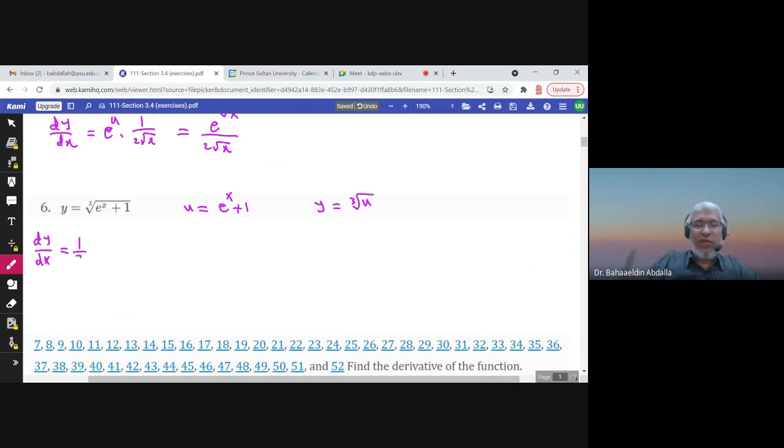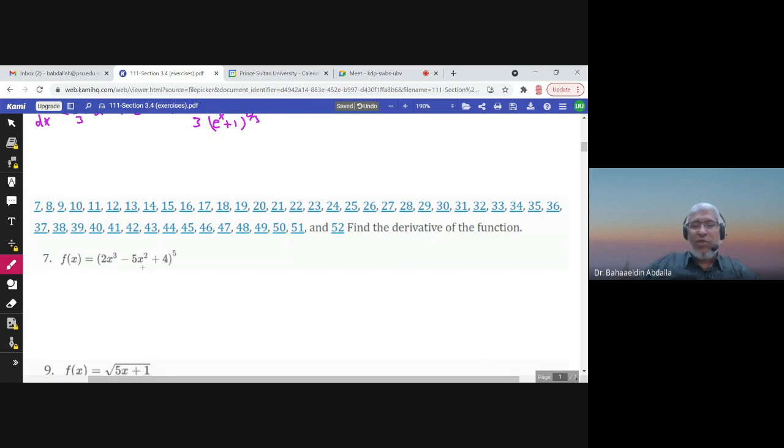So the derivative is 1 over 3, u to the power 1 over 3 minus 1, or negative 2 over 3, times du by dx, the derivative of e to the x plus 1, which is e to the power x. So the answer would be, I have e to the power x here, and below I have 3 times u to the power 2 over 3, and u is e to the power x plus 1. So this would be to the power 2 over 3, and that would be the answer.